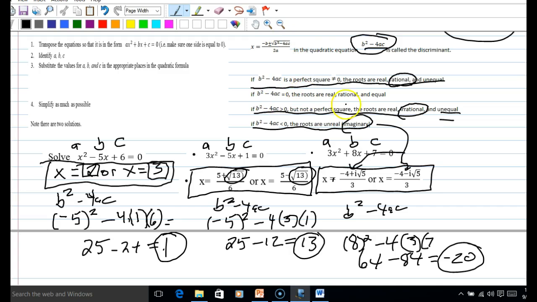So your roots are going to be rational and equal. If b squared minus 4ac is greater than 0, but it's not a perfect square, then you're going to wind up with an irrational number. If b squared minus 4ac is less than 0, then you're going to be taking the square root of a negative number, which means that your roots will be imaginary.